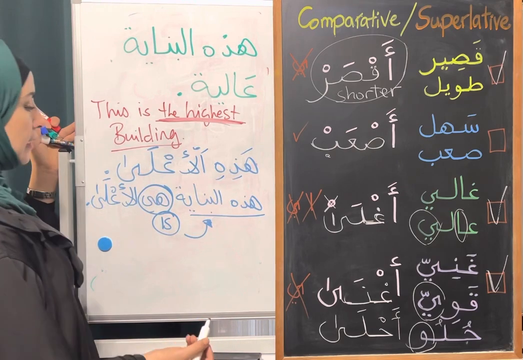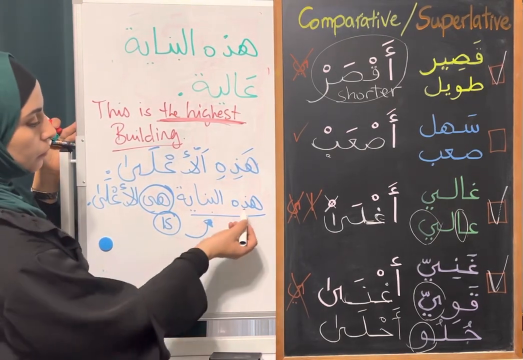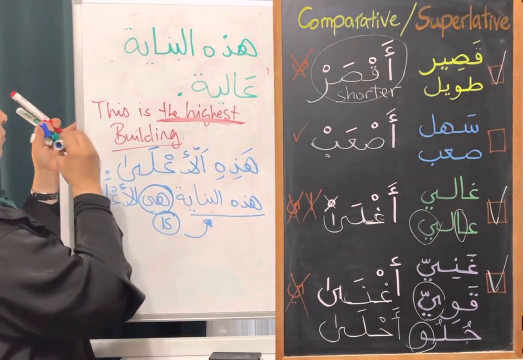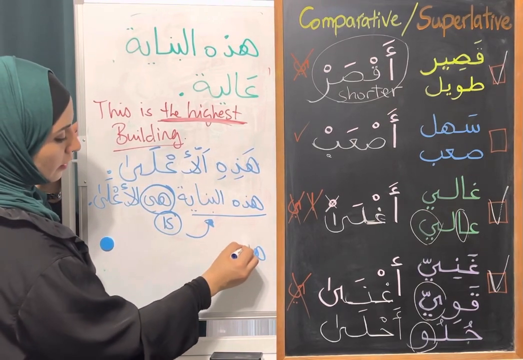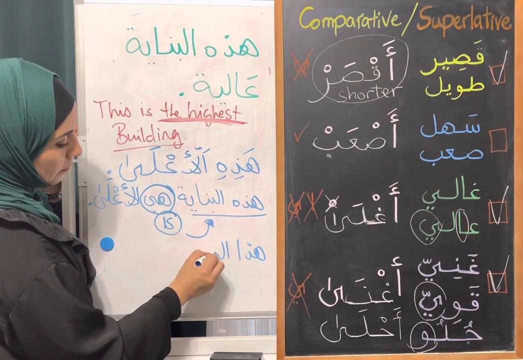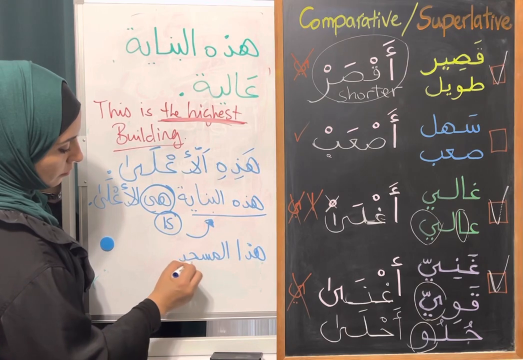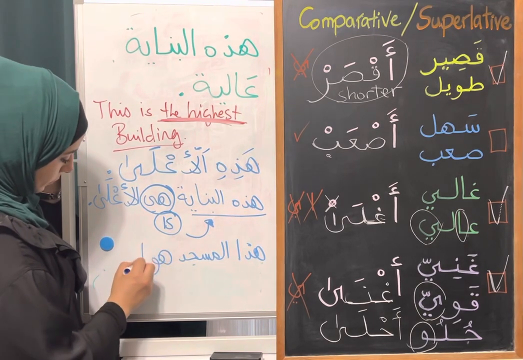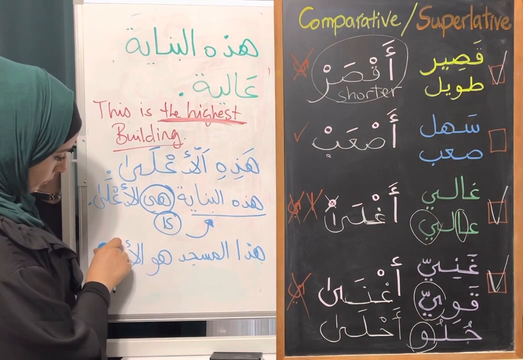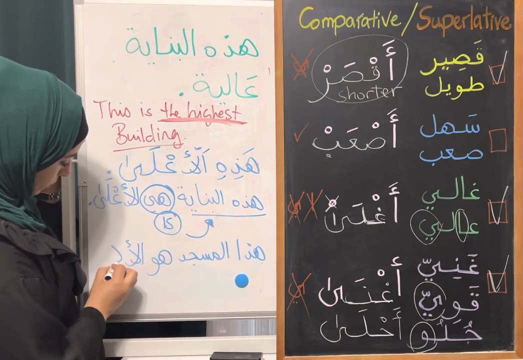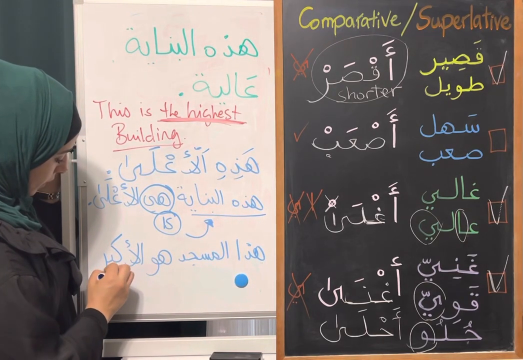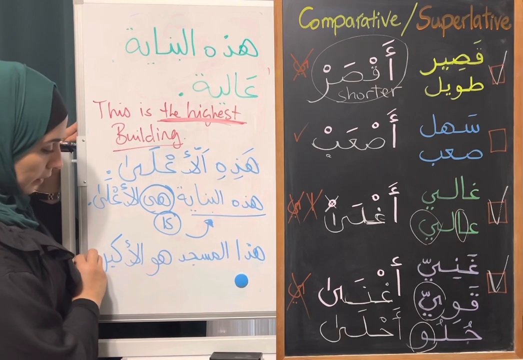If I want to say the masculine form, then I would say هذا المسجد هو الأكبر. This masjid is the biggest.